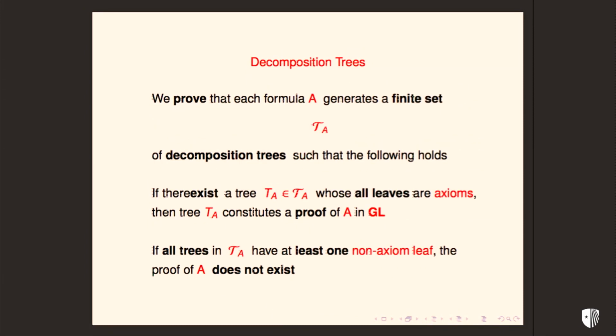Of course, formula A generates a finite set of decomposition trees. If there exists a tree whose leaves are all axioms, this tree is a proof. If all trees have at least one non-axiom leaf, the proof does not exist, because you have many searches.